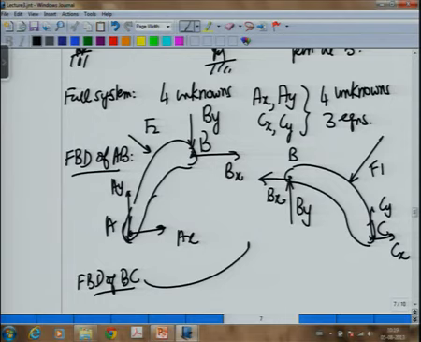So, in that case the number of unknowns will not reduce, but it is the joint at B which is a pin joint which does not allow a moment. So, that is why you get an extra equation without adding an extra unknown, and that is why it becomes a determinate system.